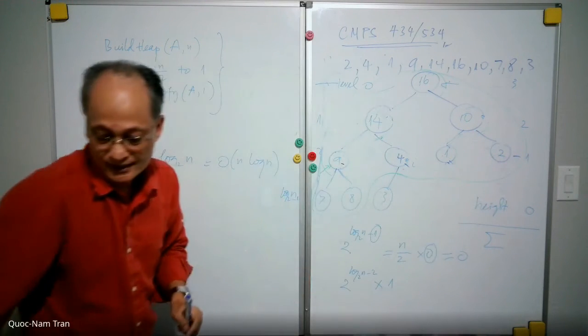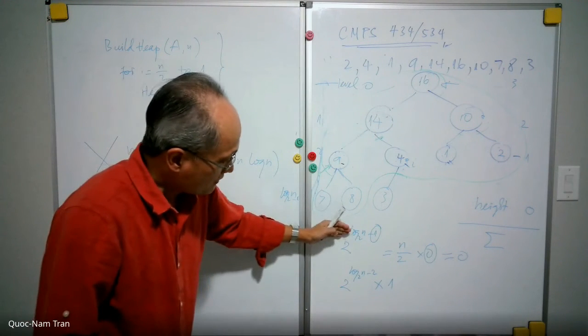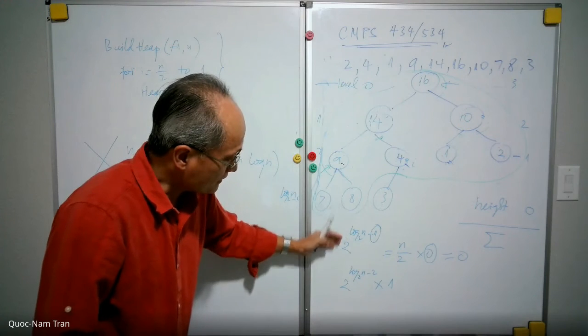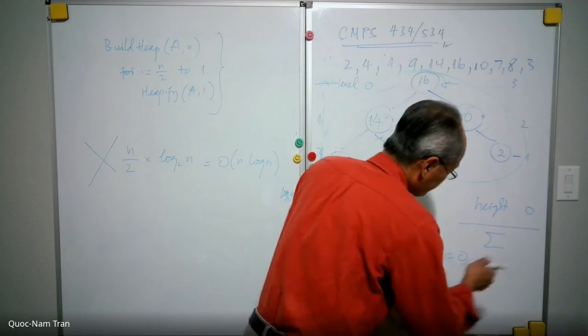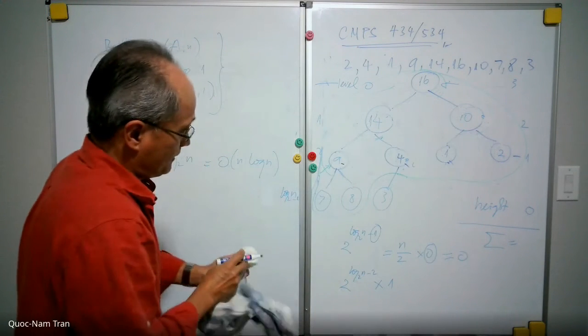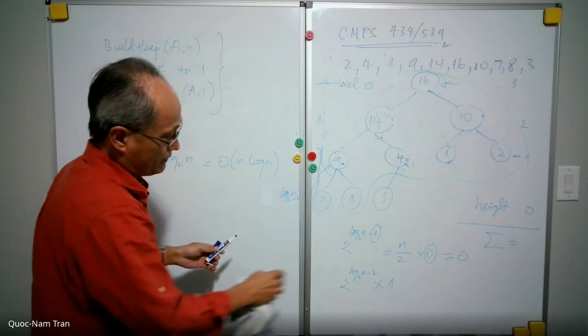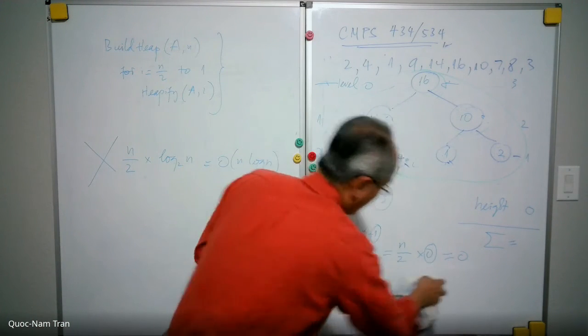Okay? So that said, using these two samples, we can write the sum like this. Let me write it down here, and then I will remove the one before.